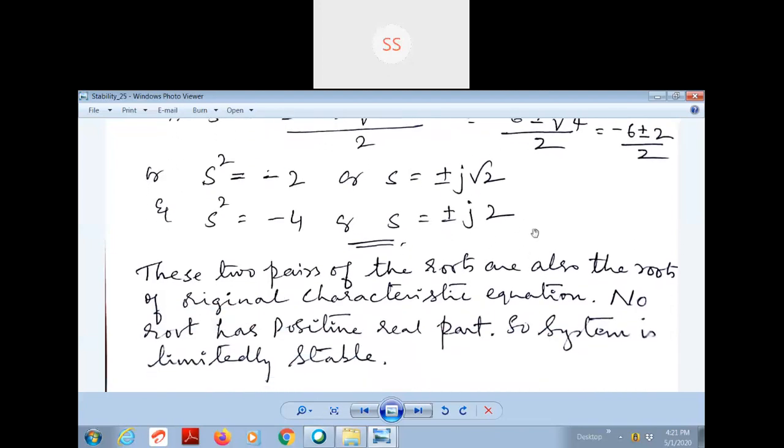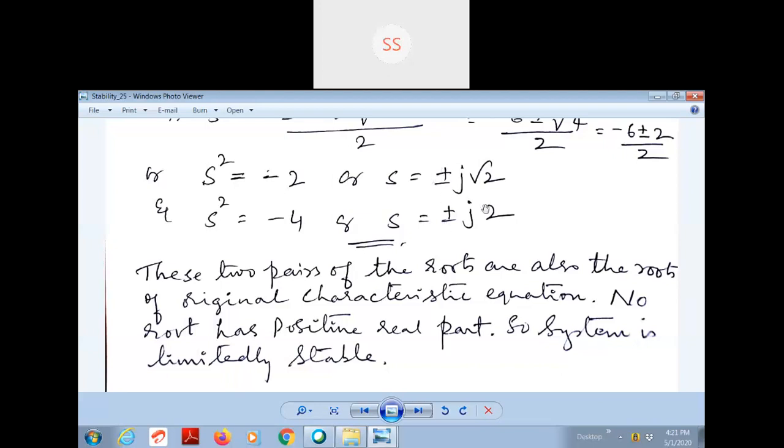Now these two pairs of roots are also the roots of the original characteristic equation. Particularly for these roots, no root has a positive real part. First of all, we are checking the real part, whether it is positive or not. It doesn't have any positive real part, so this is one indication that the system is stable.